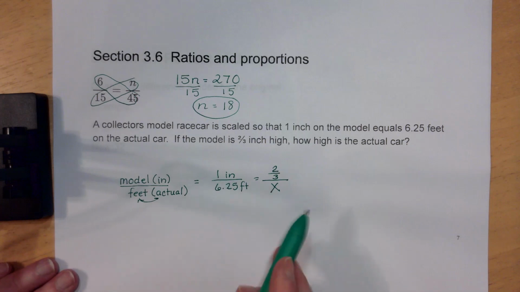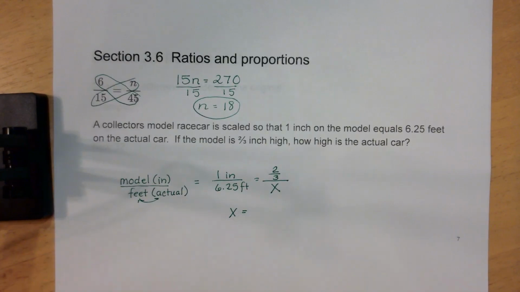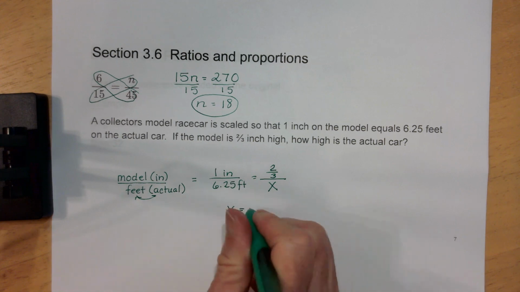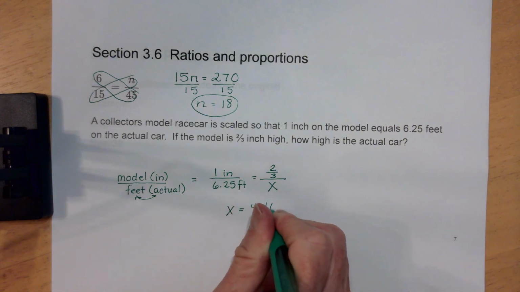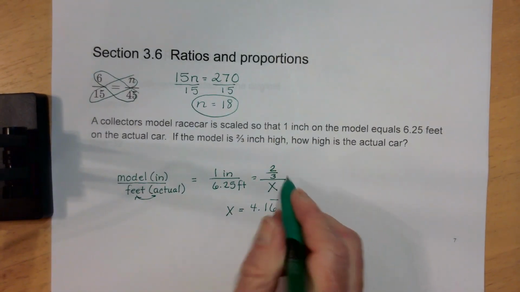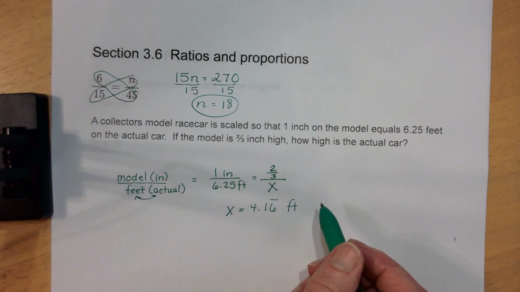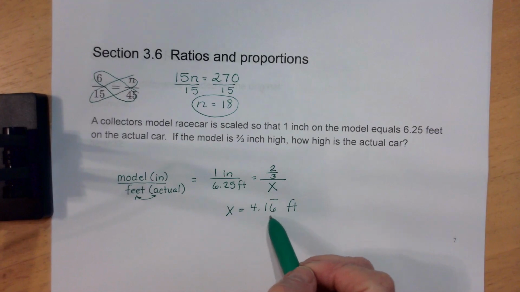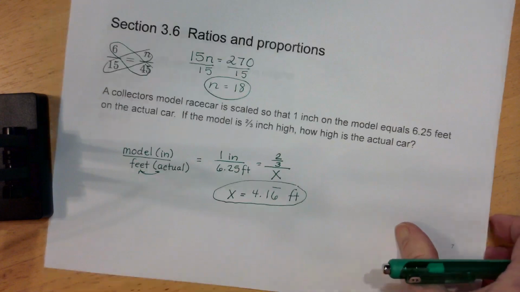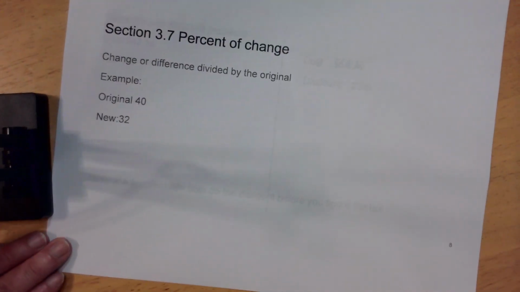So I'm going to go 1 times x, which is x, and then 6.25 times 2, and I'm going to divide that by 3, because I'm going to take this over 1, multiply it by 2/3, and it's going to give me 4.16 repeating. And that would have to be in feet. So if I have 2/3 of an inch on the model, it's going to be equal to 4.16 feet on the actual car. So you have to be able to set up some scale drawings like that.